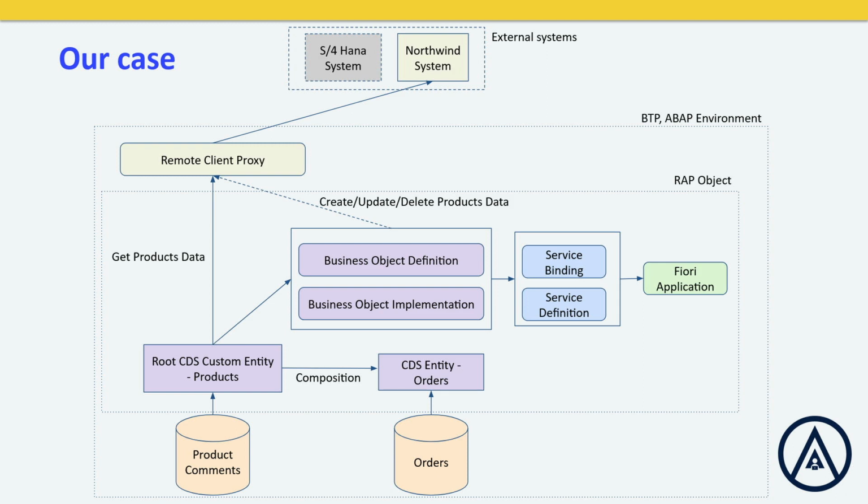So here the Northwind API is just giving us the read possibility, but imagine that you could also update the description of the product or something like this, delete some products. It will also be possible to add this possibility in the wrap object. But just for now, we will read the information of the product and add our own data on the BTP ABAP environment.